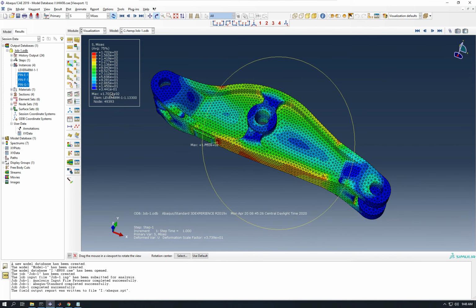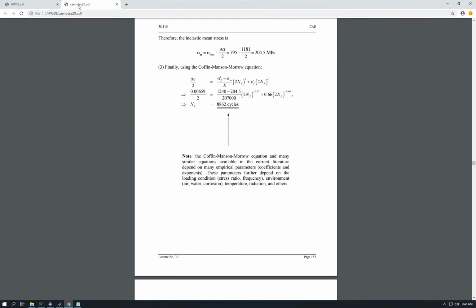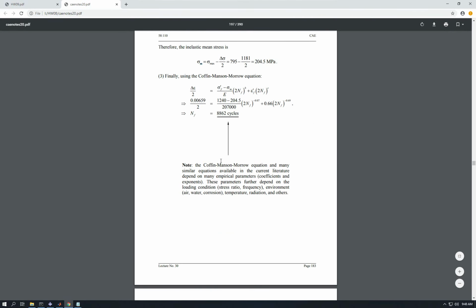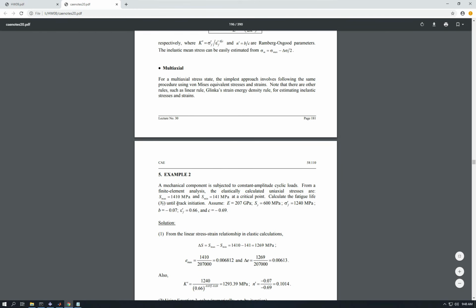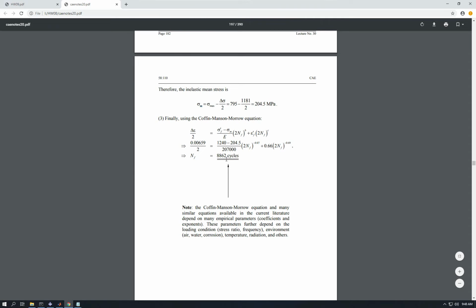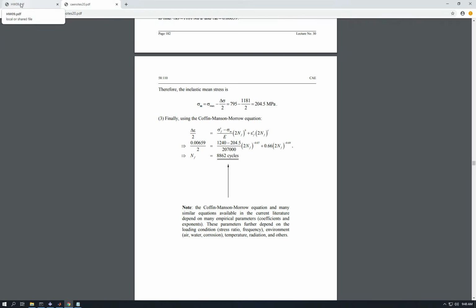We have 170 megapascals. In the example and lecture notes, the value is like 10 times that. So you got a lower number of cycles, but in your homework, after you calculate, you're gonna get way bigger than this. So don't worry if you got a high number.